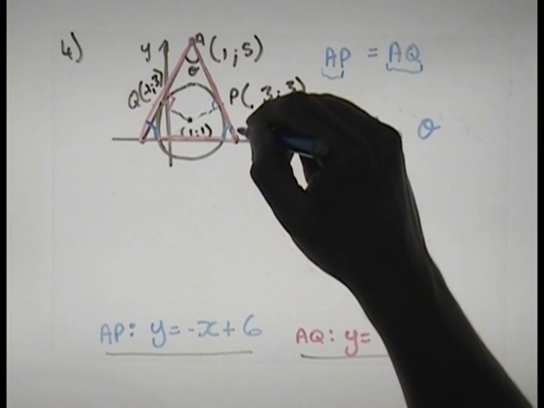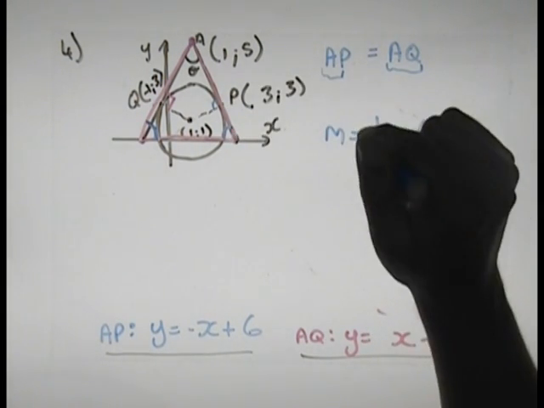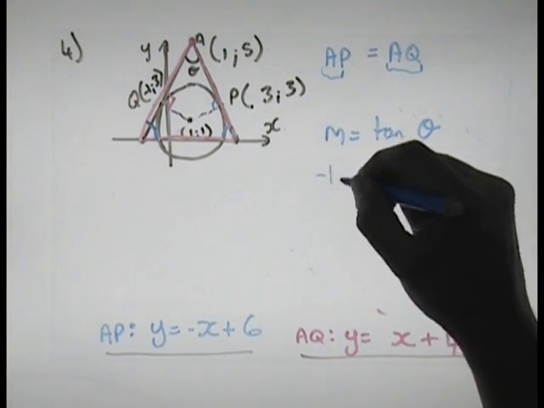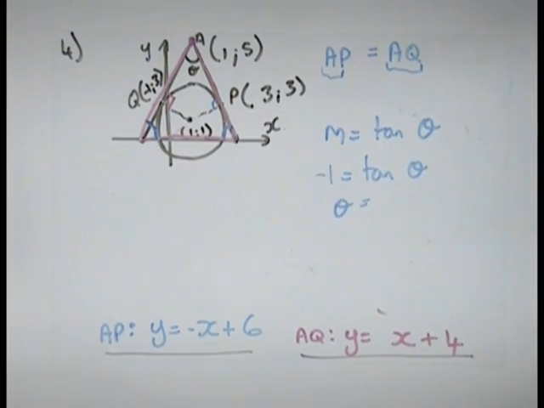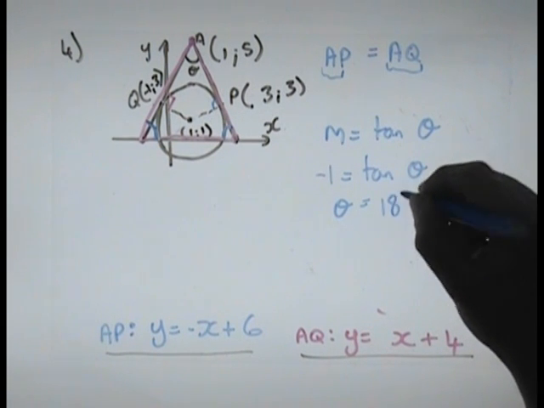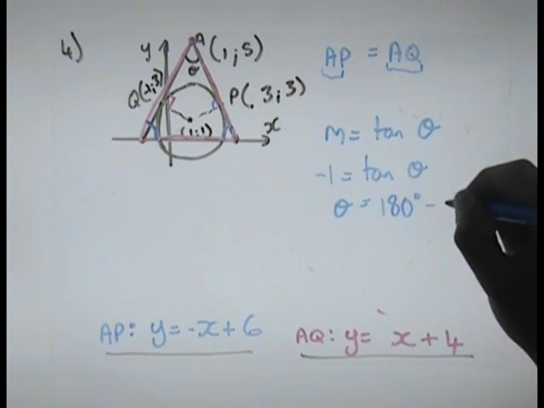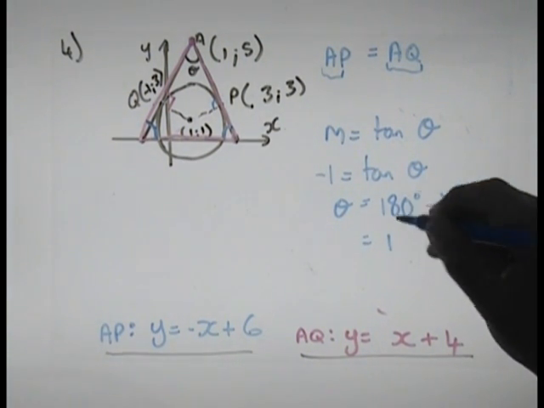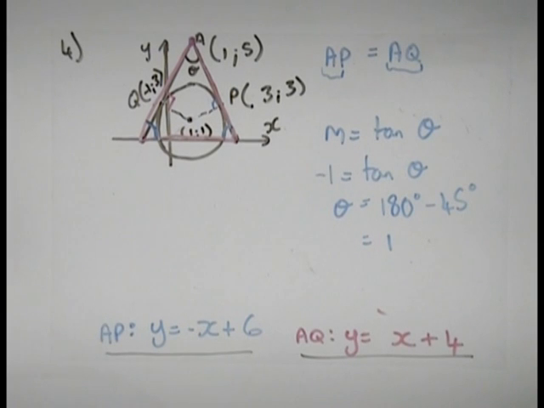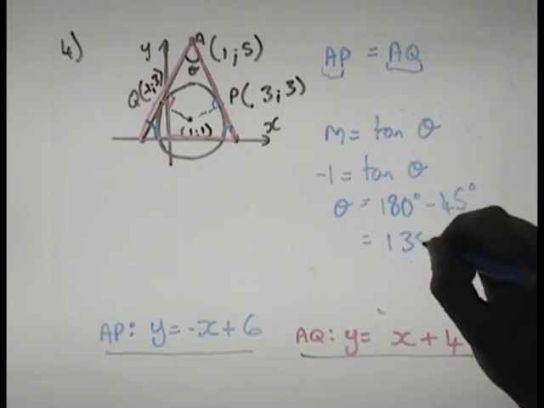Firstly, for AP, we know that our gradient is negative 1. That means that negative 1 is equal to tan of theta. That means that theta is equal to the inverse function tan of negative 1, which is going to give me an answer of negative 45 degrees, or rather 180 degrees minus 45 degrees, which is equal to 135 degrees.